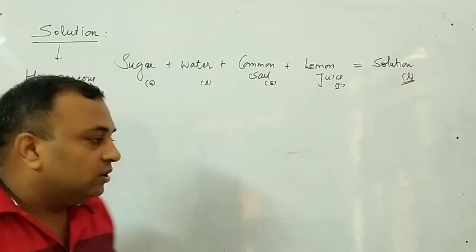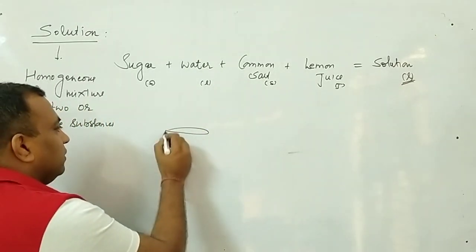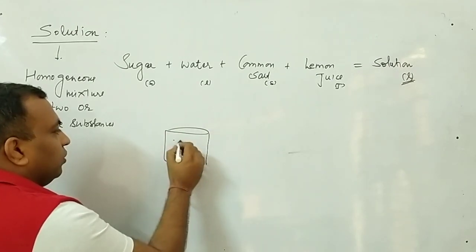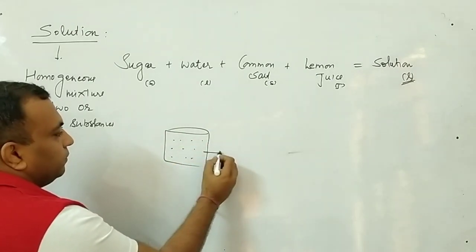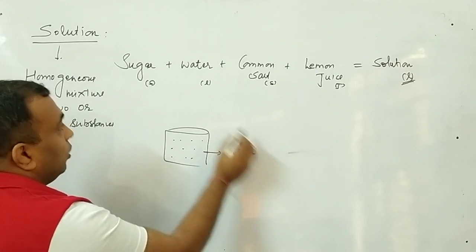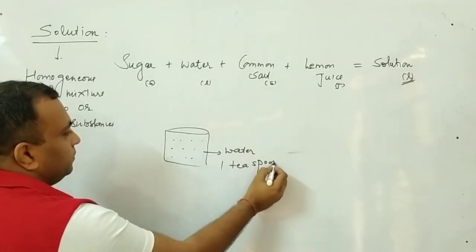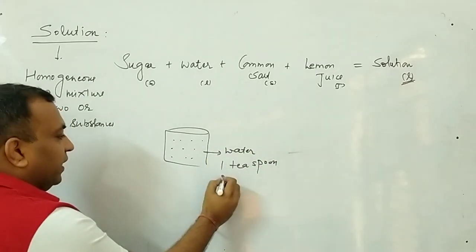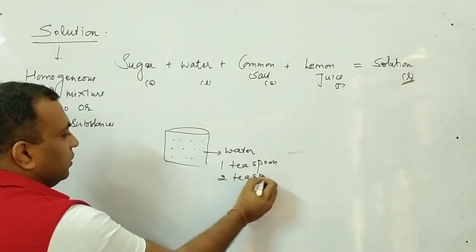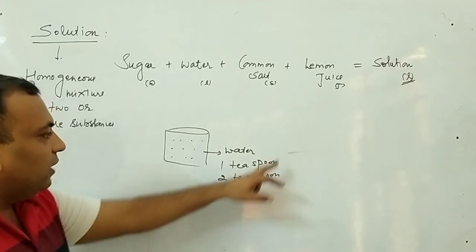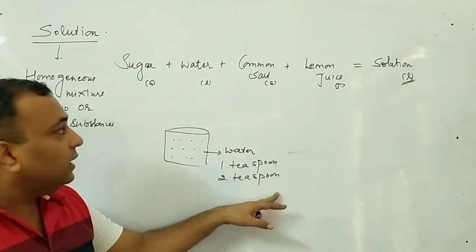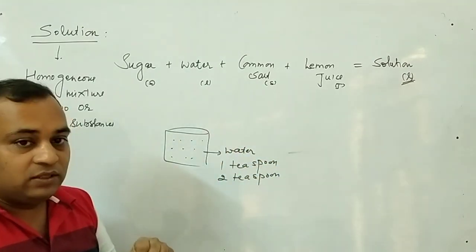Limit in the sense, suppose this is a complete glass of water. So how much sugar will I add? I will add 1 teaspoon of sugar. I will increase this amount, so I will add 2 teaspoons of sugar. Means I can change the proportion of the sugar. Similarly, I can change the proportion of any substance.